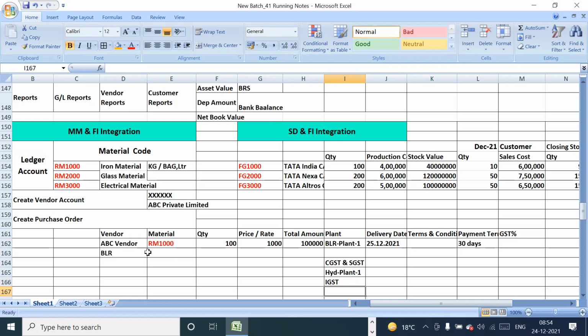IGST. So the vendor belongs to Bangalore, but if I tell them to supply to my Bangalore plant, then CGST and SGST is applicable. If I tell them to supply the goods to my Hyderabad plant, then IGST. Similarly, for the next order to my Mumbai location, IGST is applicable. So each and everything is important.